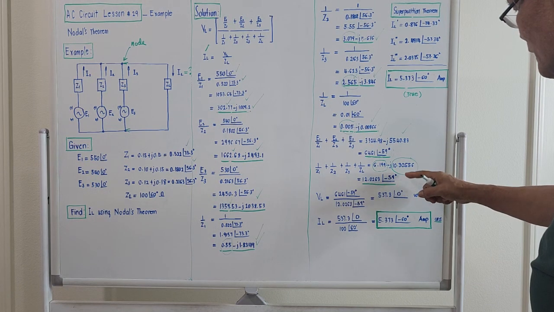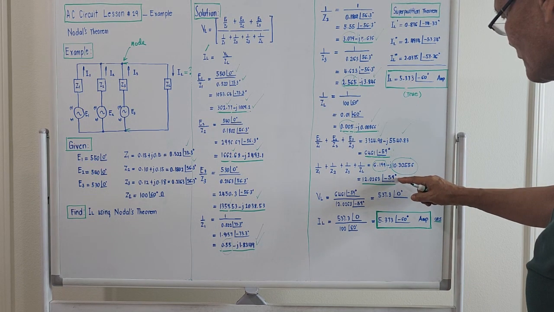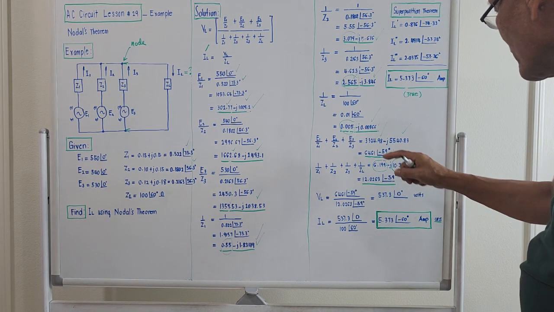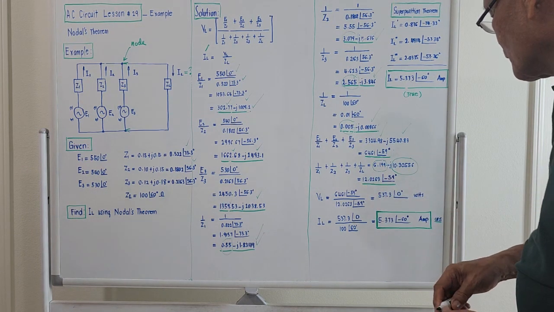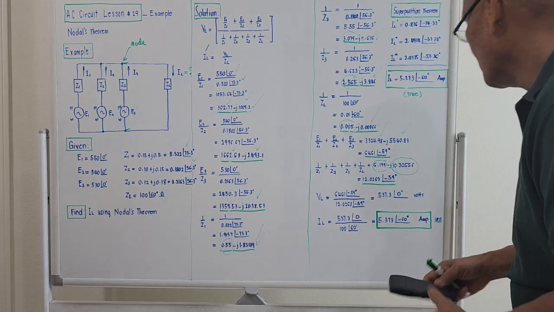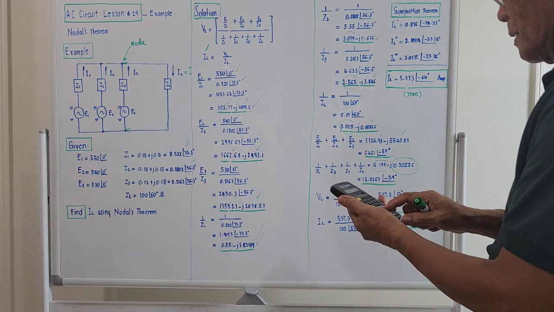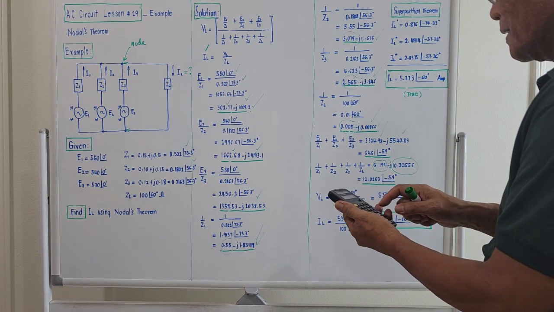Okay? And if you try to take the cosine of this, we divide that by 6.199, it should be 12.0263. Okay? 59 degrees cosine.